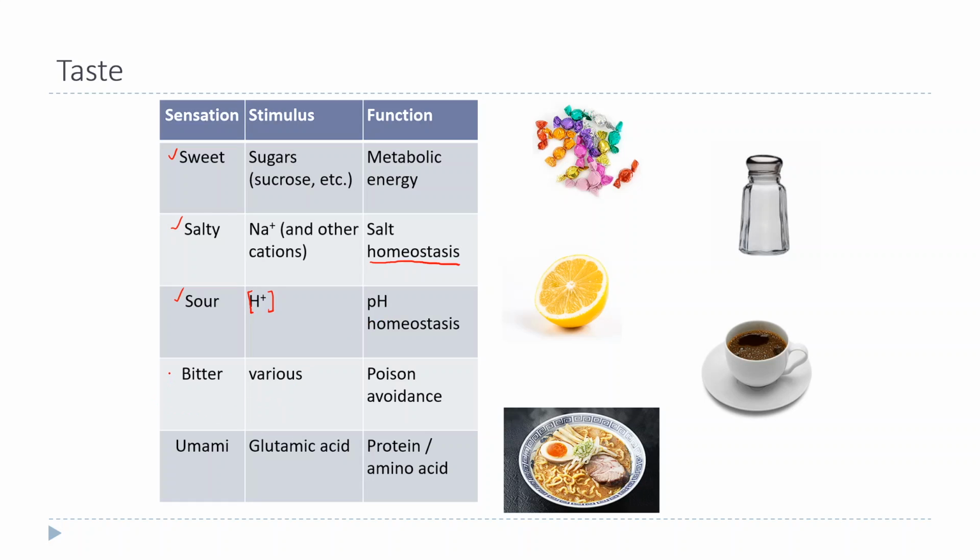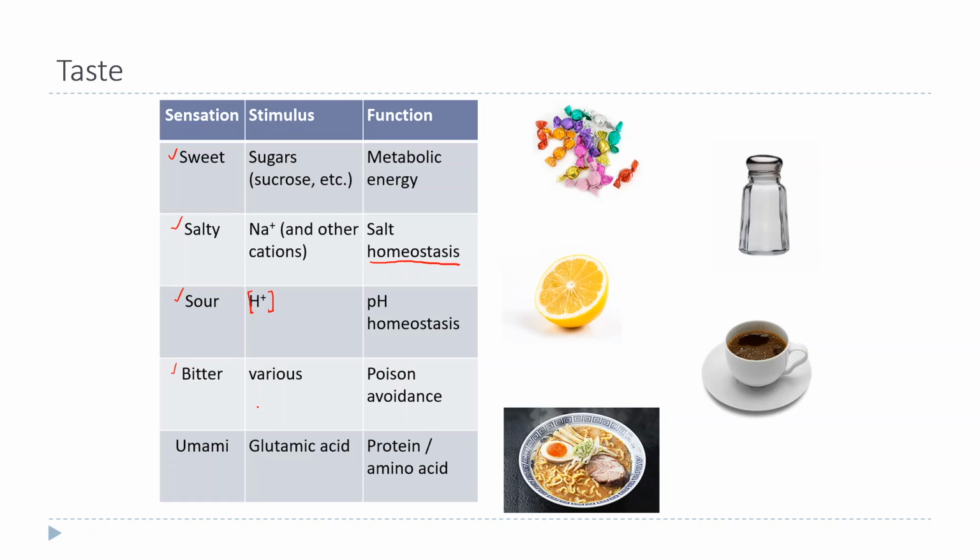Bitter is a little more complicated because there actually isn't a single canonical bitter molecule. There are a number of different molecules that elicit bitter flavor. The quinines, for example, are often the typical bitter compound, but there are lots of others.